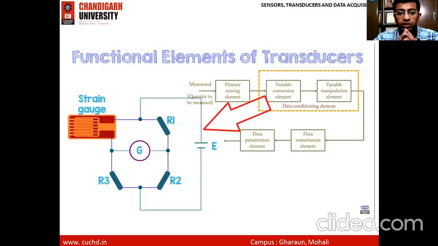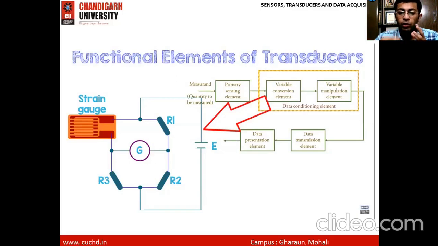This Wheatstone bridge circuit you have studied in your +2 physics class. In a Wheatstone bridge you have 4 resistive elements. Two are standard, one is the unknown, and one is the variable one. So the strain gauge here is the unknown one whose value you want to calculate. R1 and R3 will be the standard ones, and R2 will be there to vary.